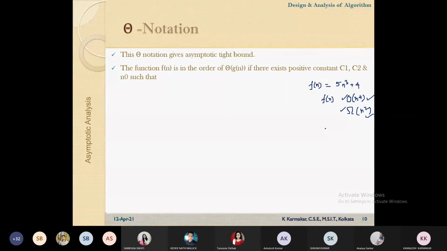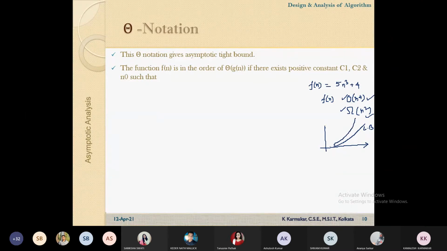Now, if we plot it on a graph, what will be the problem? If this one is representing the lower bound, so this is the asymptotic lower bound. We are representing it as an n square function.